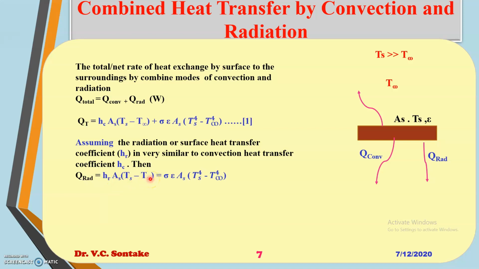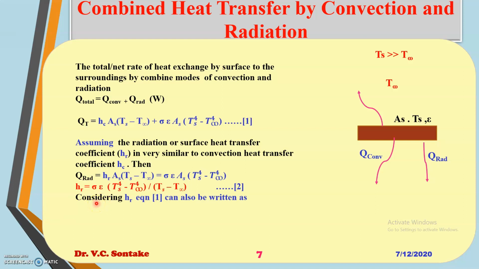If I equate this equation to the net rate of heat exchange by radiation, I will get the value of radiative heat transfer coefficient Hr is equal to sigma epsilon into Ts power 4 minus T infinity power 4 over Ts minus T infinity.